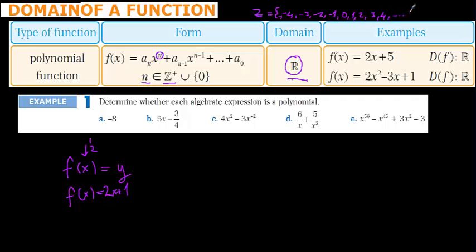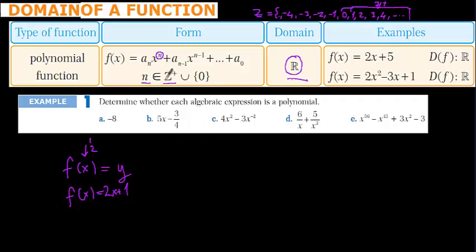Then 3 points we are going to put, and these 3 points represent that it continues till infinity. And when you say Z plus, this represents this side, 1, 2, 3, and 4. And Z plus union 0 means this one, which is also called natural numbers.